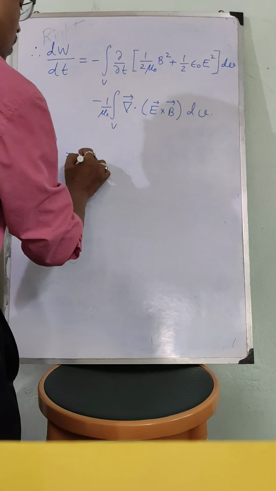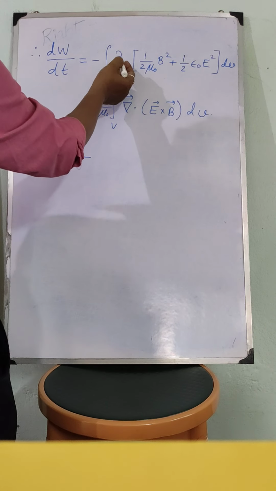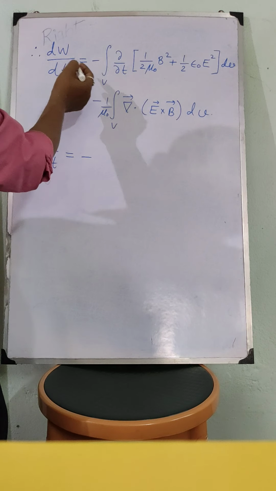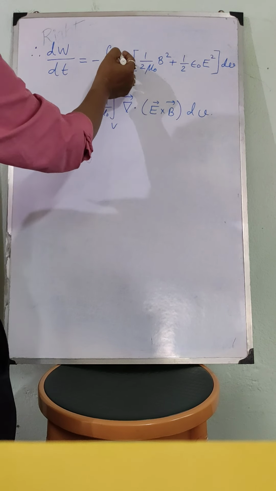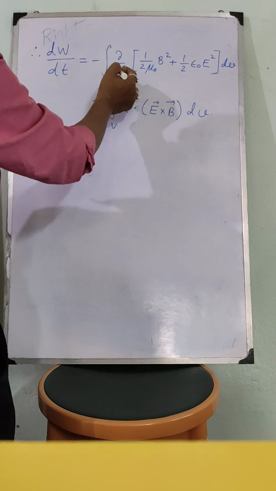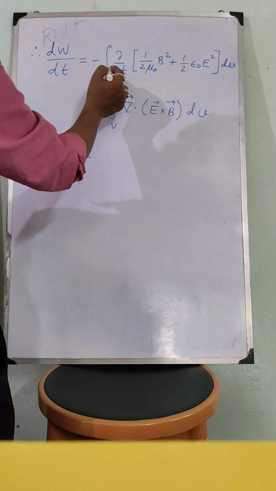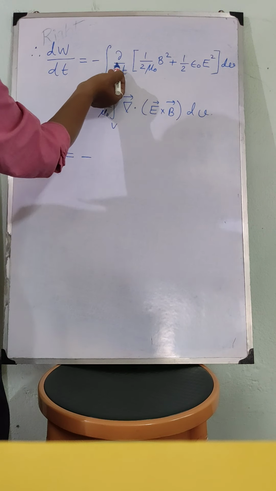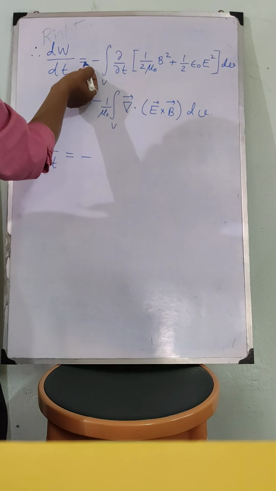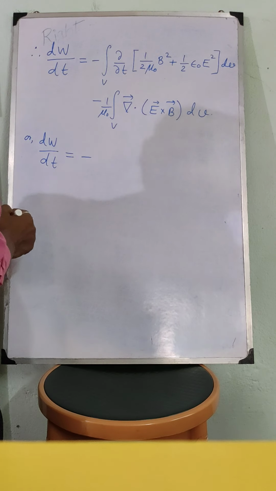is equal to minus, now I can bring this del del t outside the integral sign because this is integration over space coordinates and this is the partial derivative with respect to time, so they are independent. So I can bring del del t outside the integral, but when we bring it outside, it will be a total derivative.